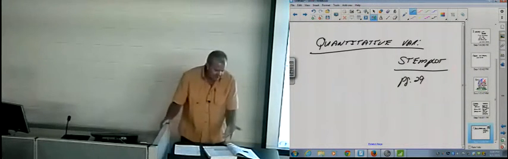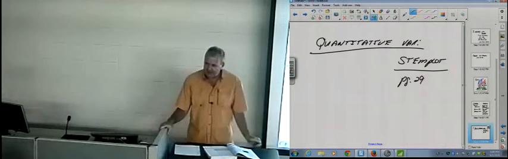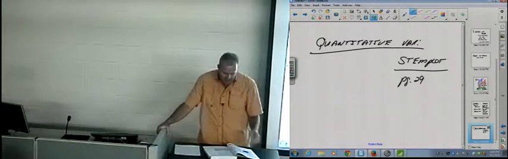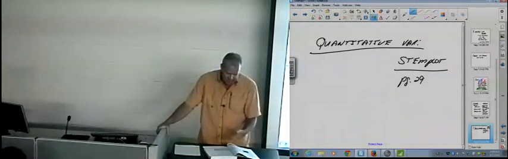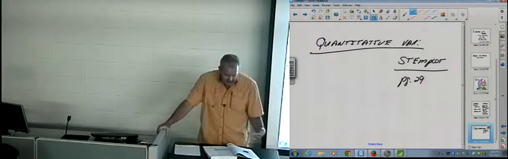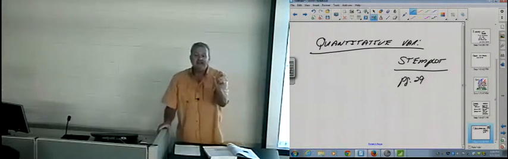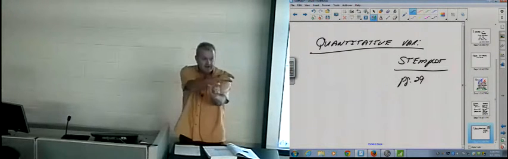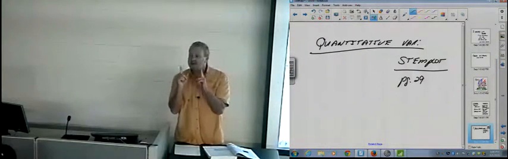Stem plot. To make a stem plot, we do this. I'm going to read the first part to you. It says, separate each observation, each piece of data, each value for each individual, into 2 pieces.